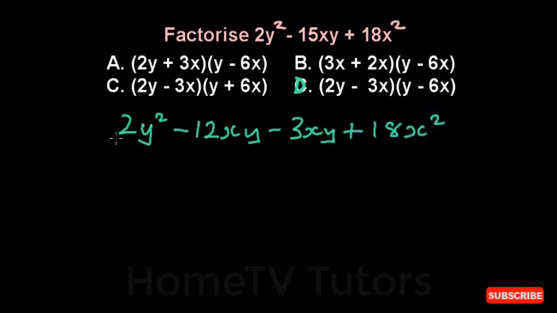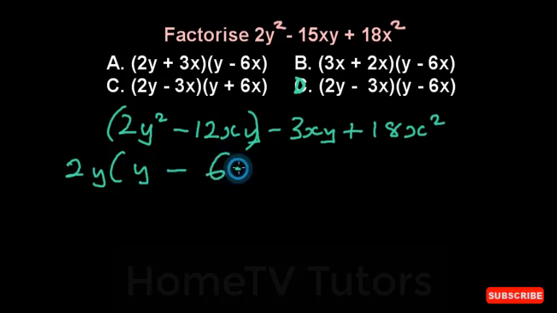Plus 18x squared. Okay, between these two, we look for the common term, which is 2y. When 2y goes in there, we're left with y minus 6x. The same thing with the common term between the two terms in here: we have minus 3x.